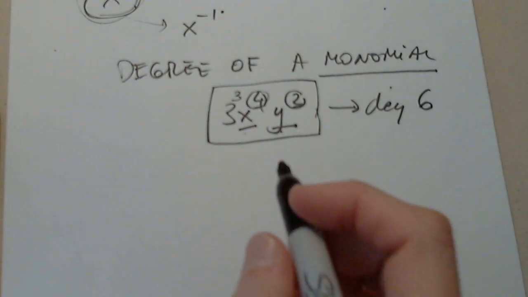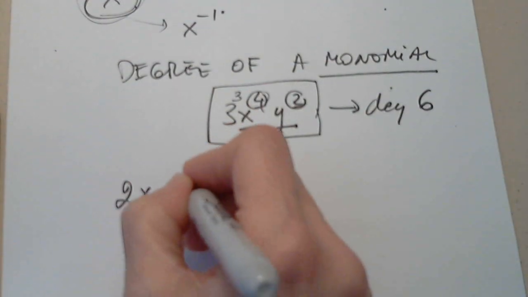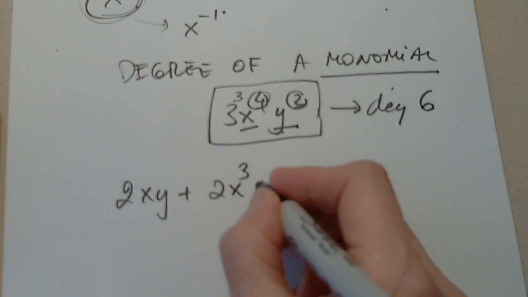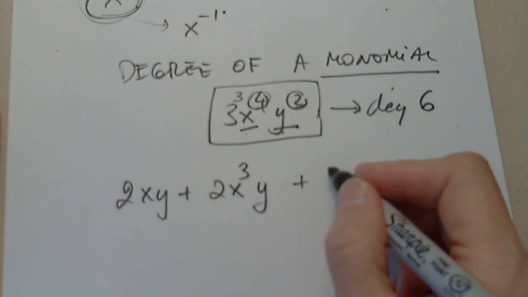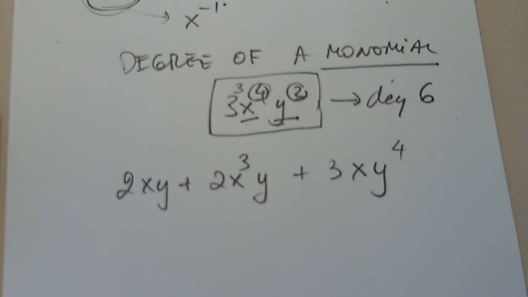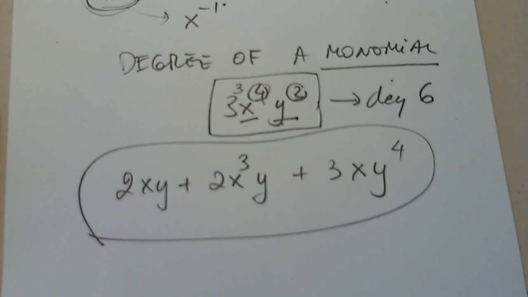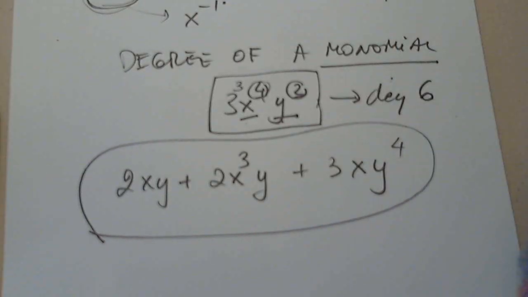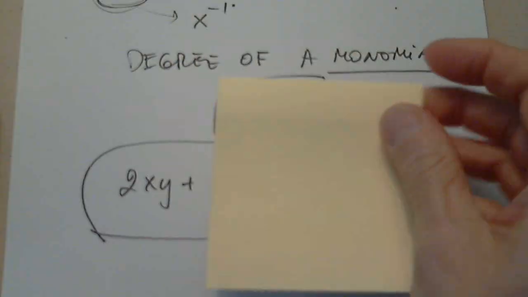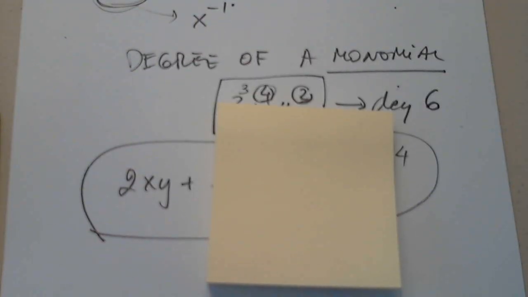Okay, but now how do I determine the degree of something like this? Let's say 2xy plus 2x cubed y plus 3xy to the fourth. This is a polynomial. How do I determine the degree of this? Exactly in the same way. I look at this monomial and identify its degree.